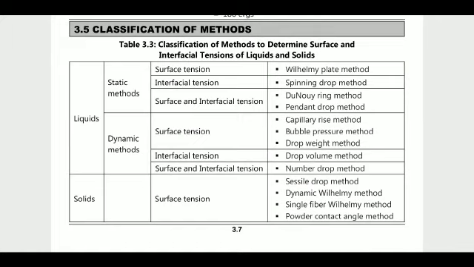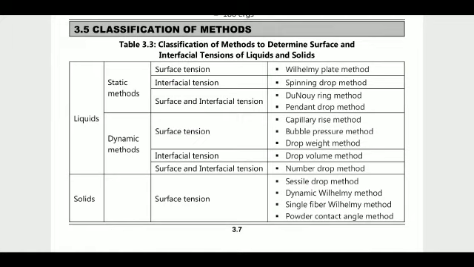Among the dynamic methods, the capillary rise method, bubble pressure method and drop weight method are used for determination of surface tension of liquids. The drop volume method is used for determination of interfacial tension of liquids.